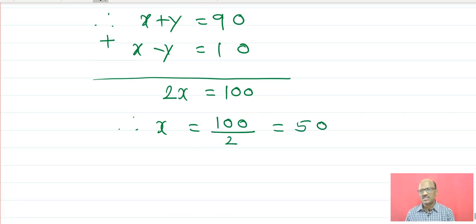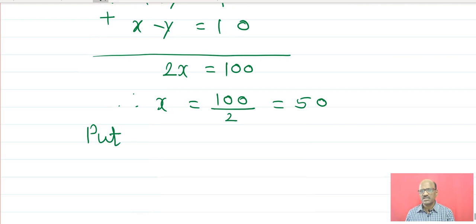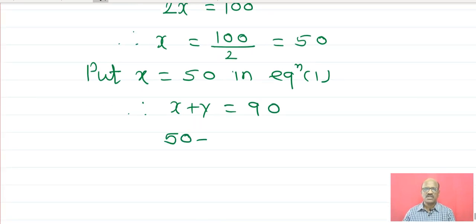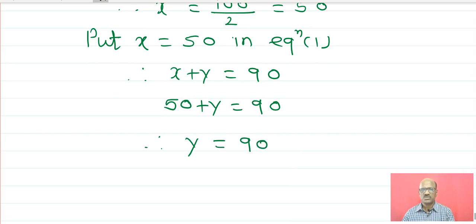Adding these two equations, x plus y is equal to 30, x minus y is equal to 10. Therefore, 2x is equal to 100. Therefore, x is equal to 50. Put x is equal to 50 in equation x plus y is equal to 30. Therefore, 50 plus y is equal to 90. Therefore, y is equal to 40.